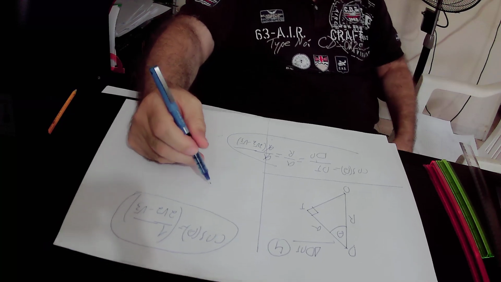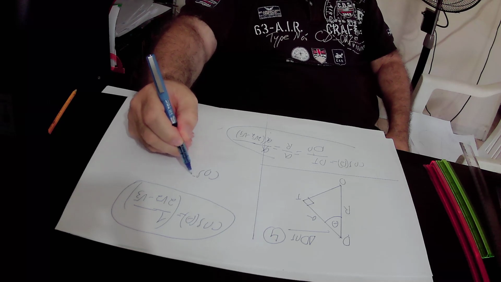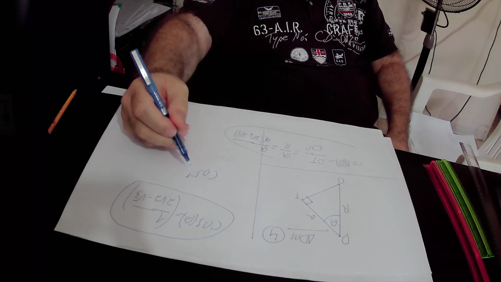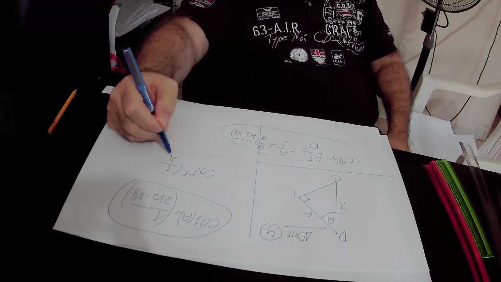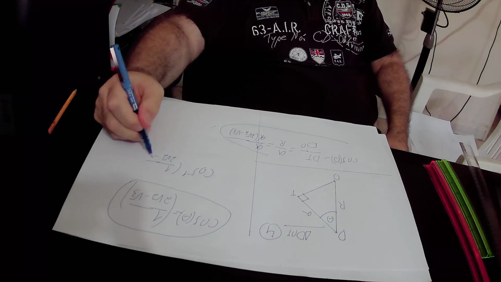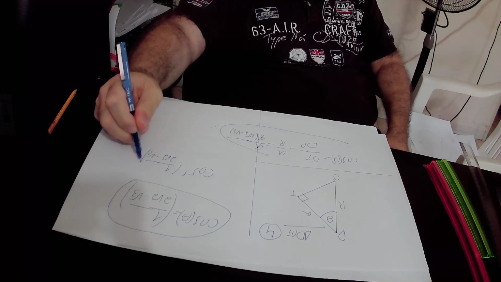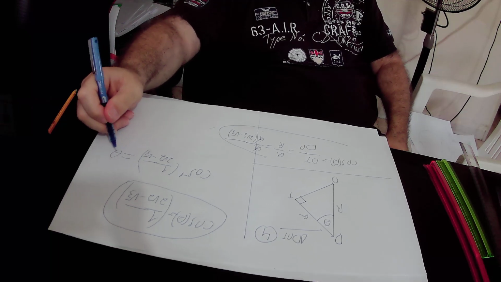So here the opposite function of cosine is cosine minus 1. We will operate it on the result, that is 1 over 2 times square root of 2 minus square root of 3, and it is equal to theta.